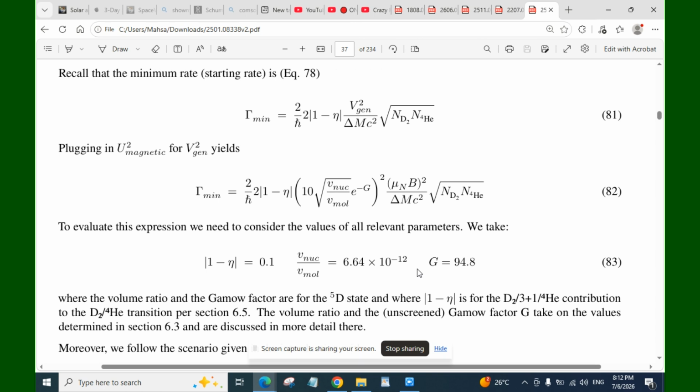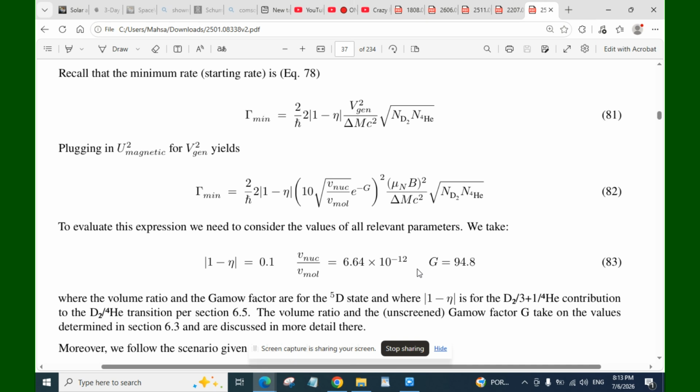Plugging in the U magnetic to the power of 2 for Vgen to the power of 2 yields tau minimum is equal to 2 divided by h multiplied by 2 multiplied by absolute 1 minus m multiplied by 10 multiplied by square root U nuclear divided by U molar multiplied by e to the power of minus g to the power of 2 micro n b to the power of 2 divided by delta mc to the power of the square root n deuterium and n helium 4.